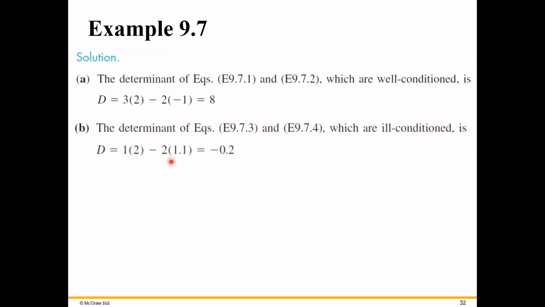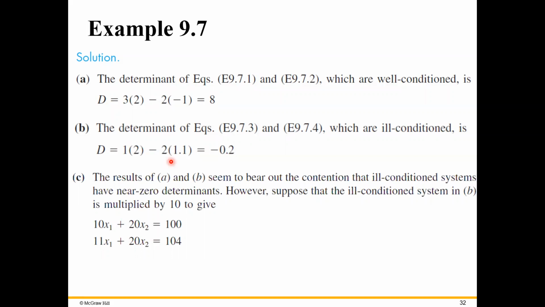But when we multiply by 10, the coefficients will be multiplied by 10. So 3 will be 30, 2 will be 20, 2 will be 20 over here, minus 1 will be minus 10.